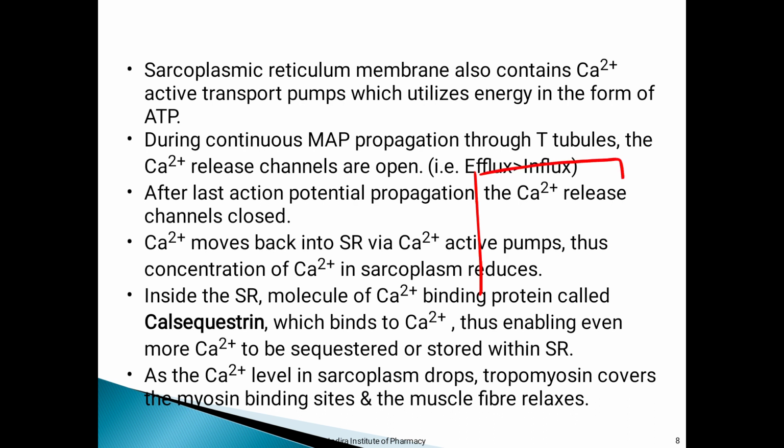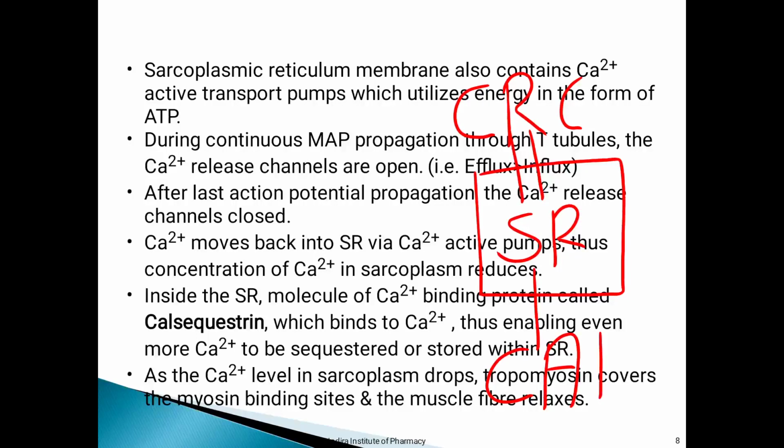For example, this is the sarcoplasmic reticulum, so we have two channels for that. One is the calcium release channel and this is the calcium ATPase.